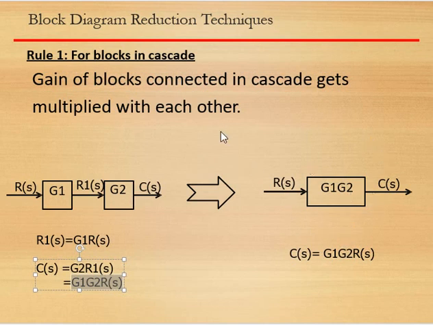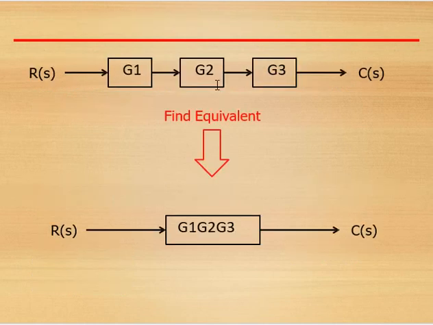So in short, whenever blocks are in cascade or series, in that case the gain gets multiplied. Now if you see these blocks, three blocks are connected in a series or cascaded manner. So again this rule can be used here, that is G1 G2 G3 will be replaced by G1 into G2 into G3.